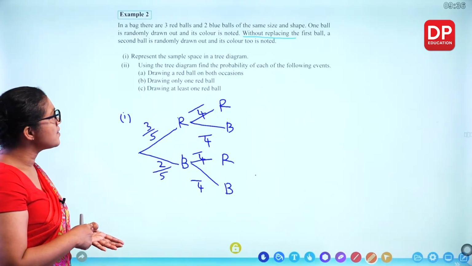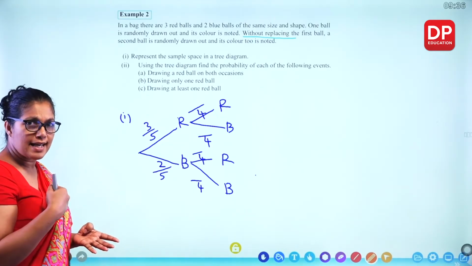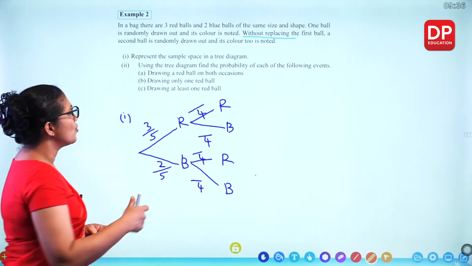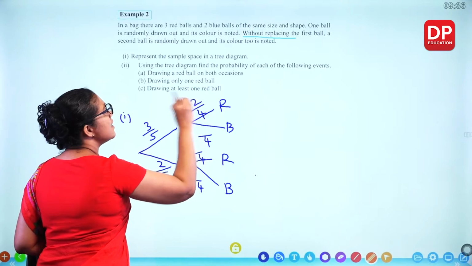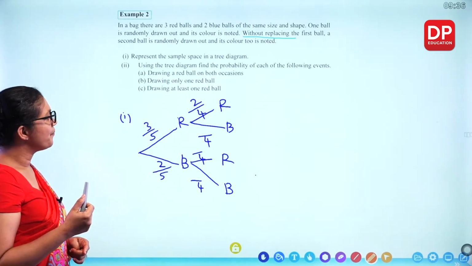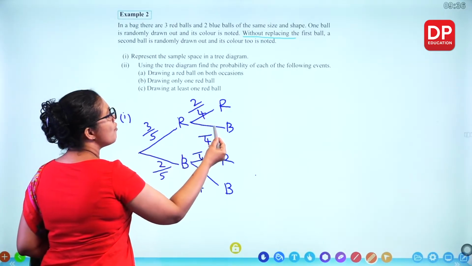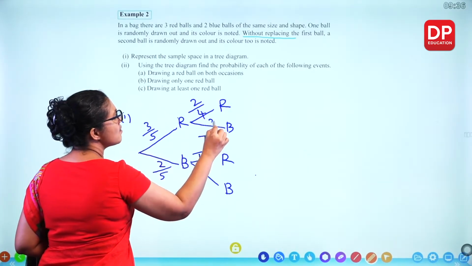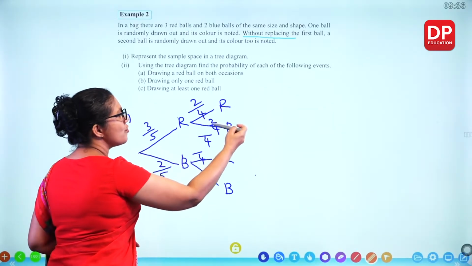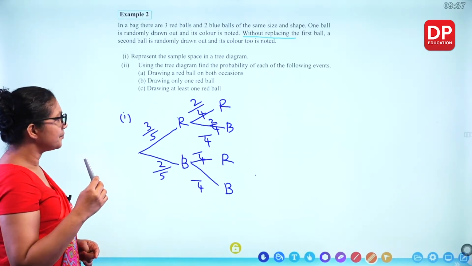Earlier 3 red ones were there. Now 1 already taken. So how many red ones remain now? 2. So then you can get a red one with probability 2 over 4. If this is 2 over 4, what's this probability? This is also 2 over 4, because when you add these two, you get 1.